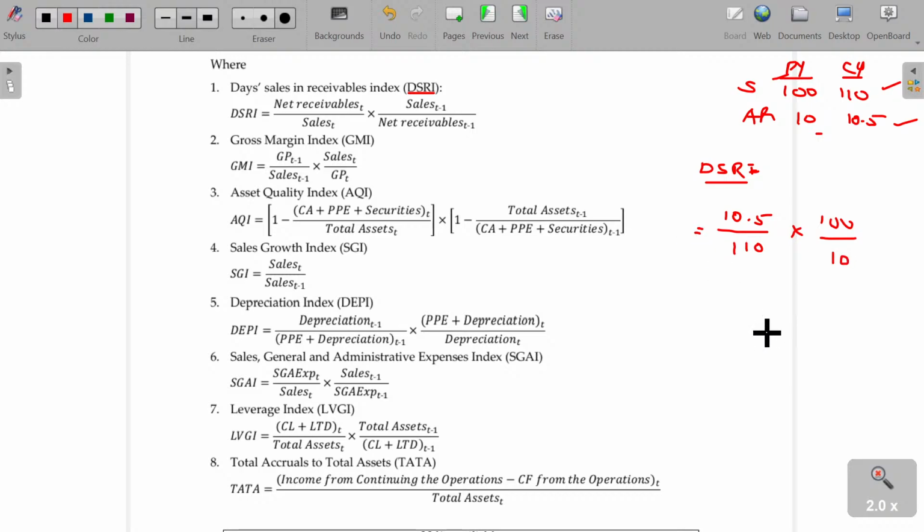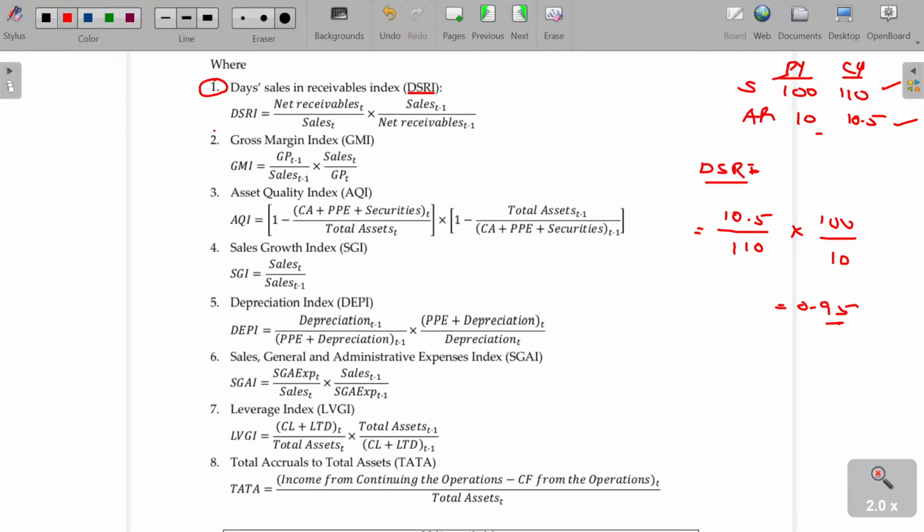What's the ultimate value you would be getting here? 0.95. Is that okay? 0.95. This is called Days Sales in Receivables Index.